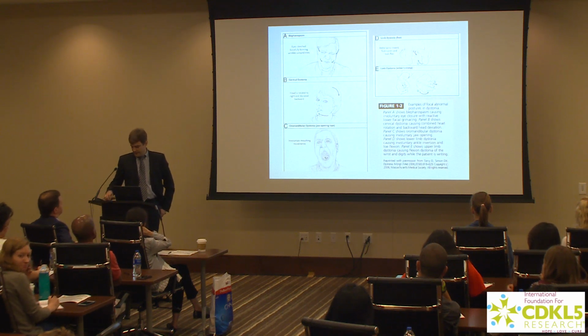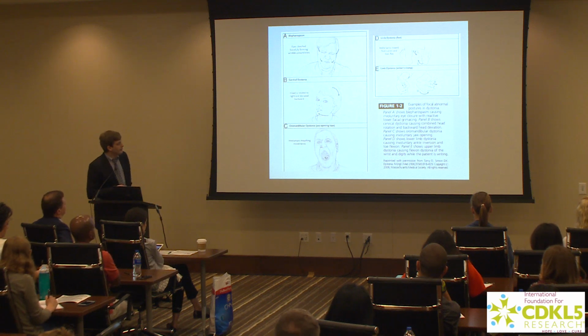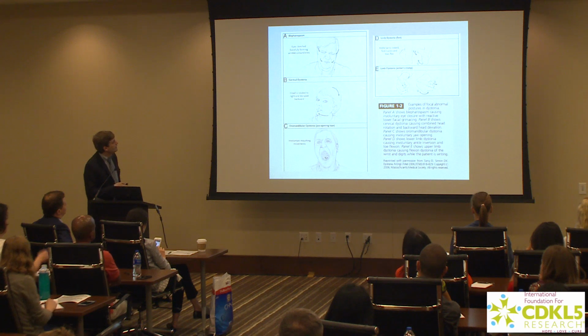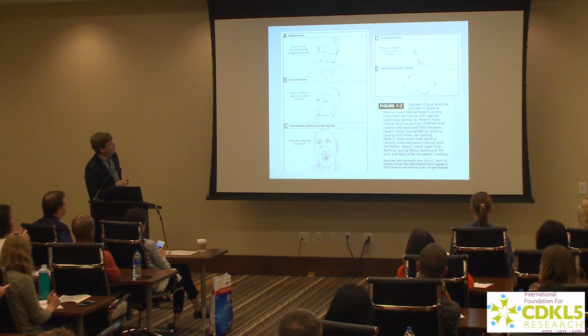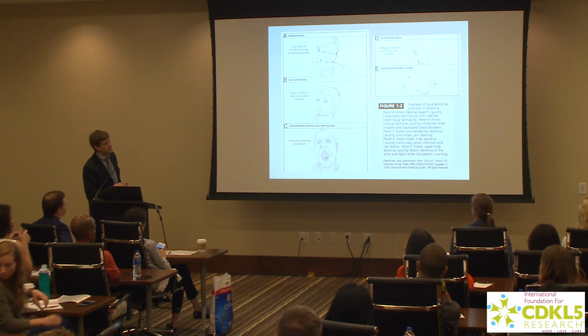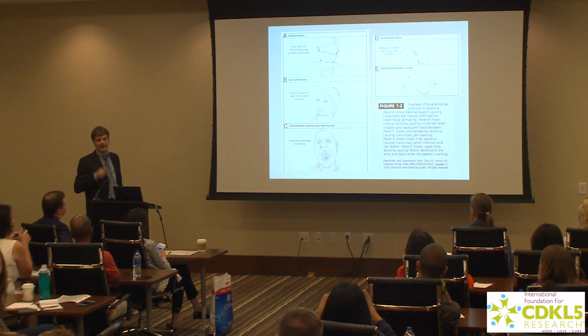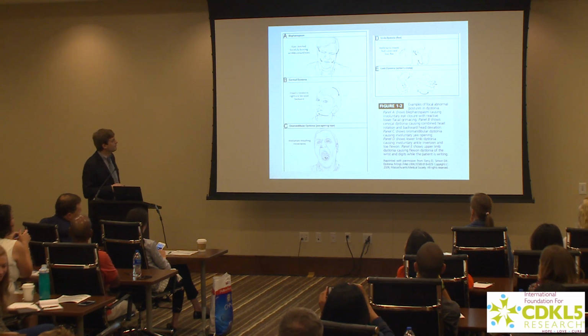These are just examples of dystonic positions. For instance, depicted here is blepharospasm, a sort of crunching up of the face around the eyes. This person could not open his eyes and eyelids at that point in time.